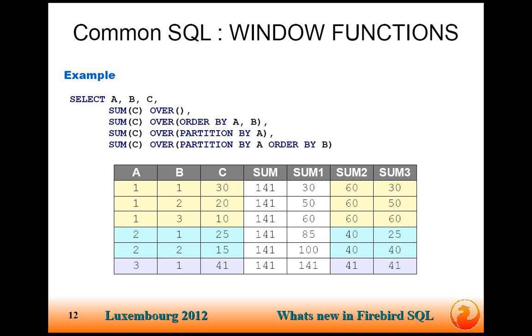So in the first row you see the sum of the first row. In the second row you see the sum of the first and second rows, and so on. I hope it's clear. I'm not sure if my English is good enough to make you understand it. Well, the next example is how a window could be partitioned.